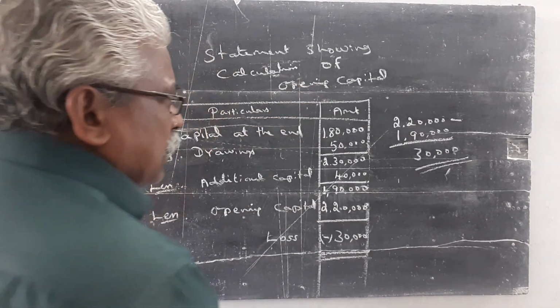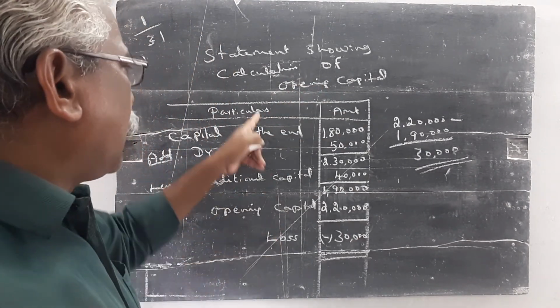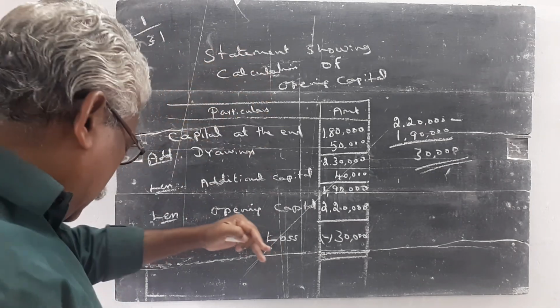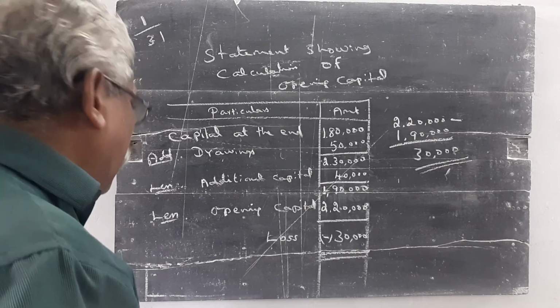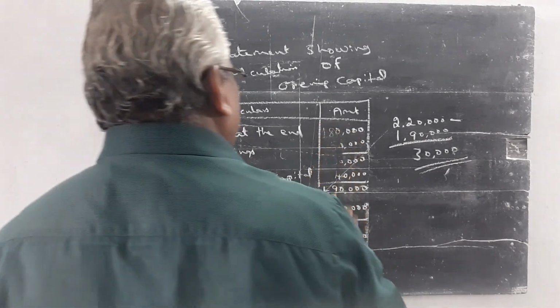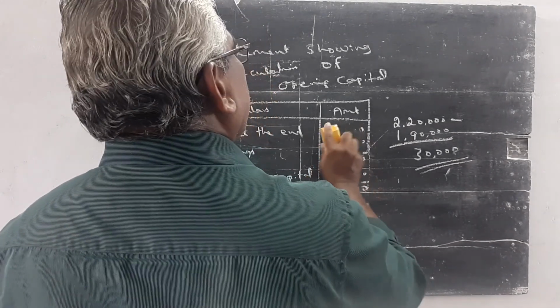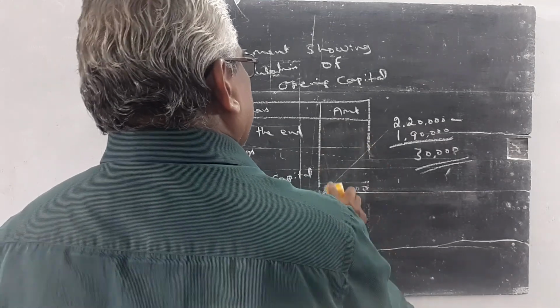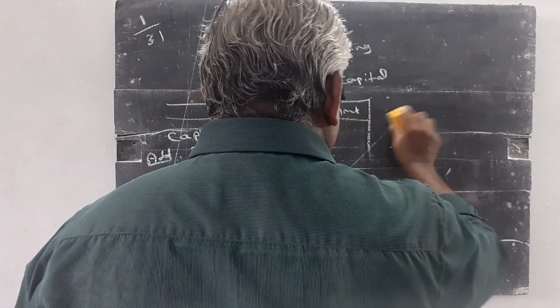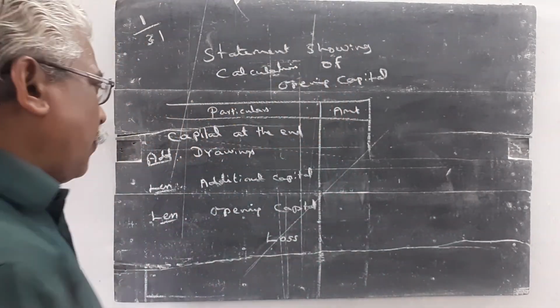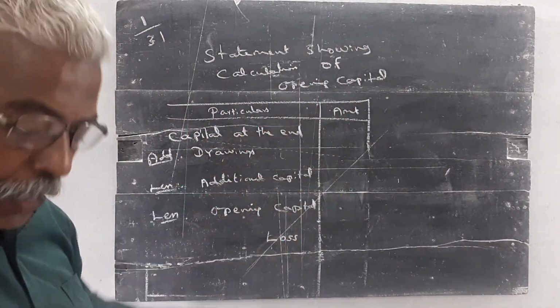Here the procedure is the same, we have to follow the same formula. In question number 3, loss is given, so the same formula we have to write, but the amount alone may be changed.